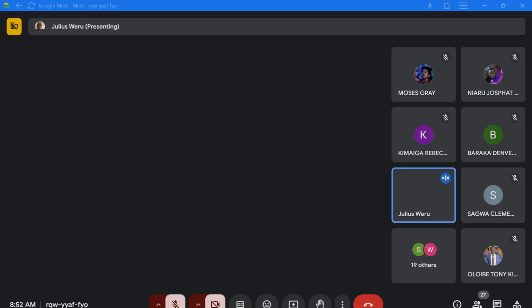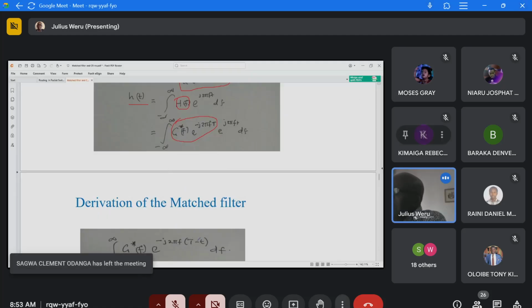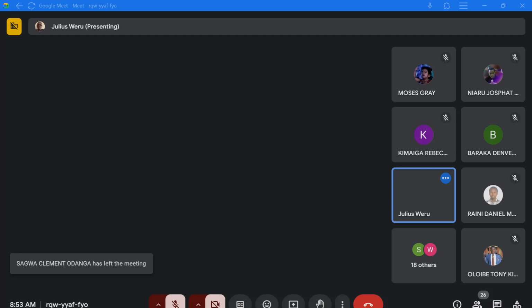So this becomes, well, this is simply the same as this, because this is e to the minus 2 pi f t of t, which is this times, because you are adding the exponents, times e to the minus, and minus of course becomes plus, is df. That's where we are.